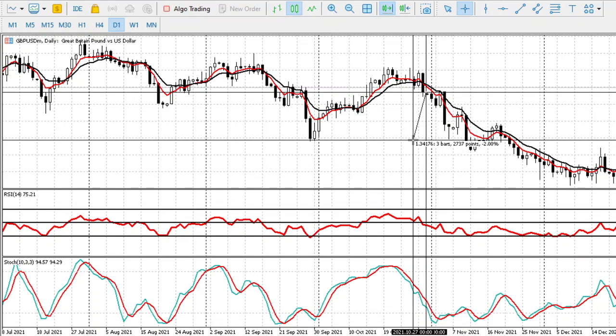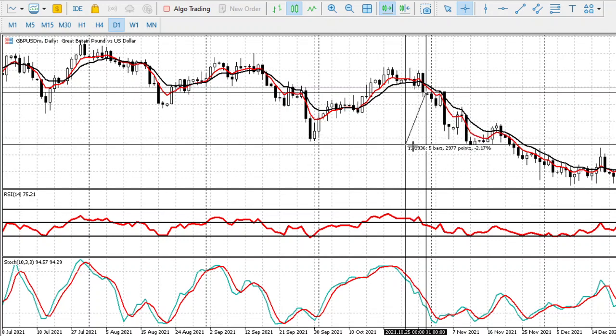So you'll be risking 114 pips to get 273 pips. You see how profitable this swing trading can be. You'll be targeting 273 pips. That is $27.30. As you can see how profitable these trades can be.